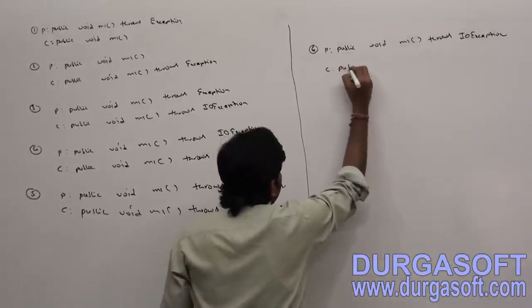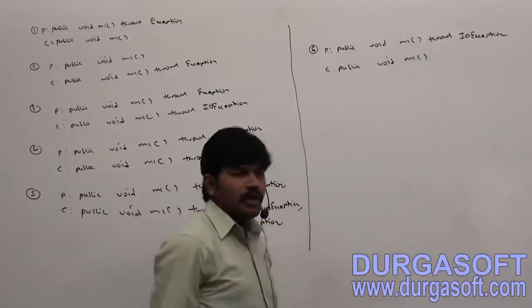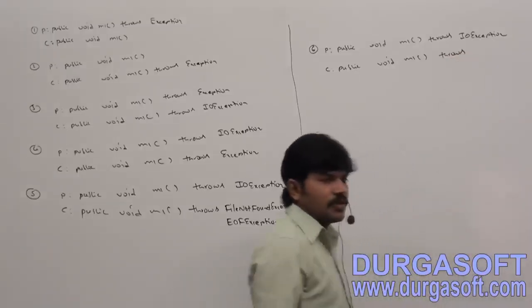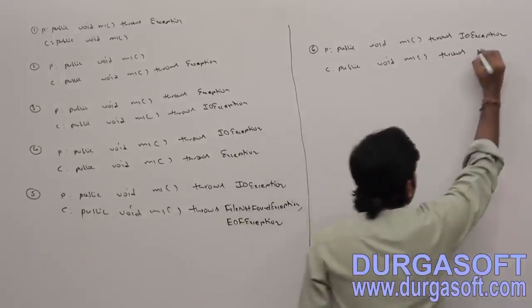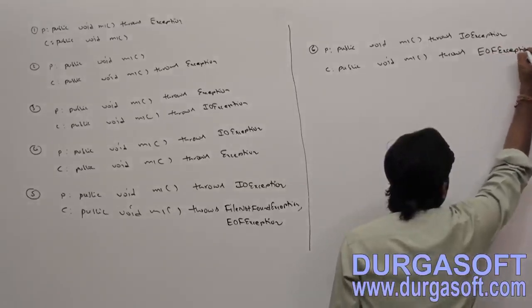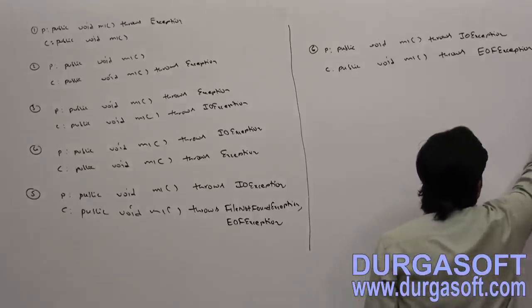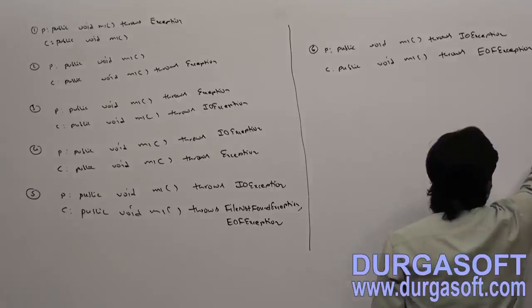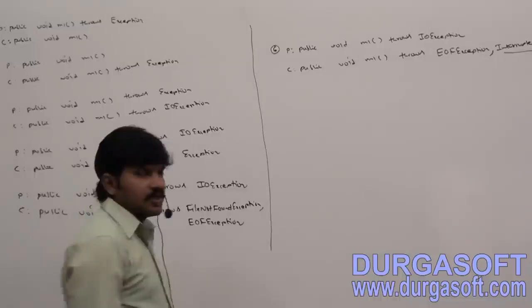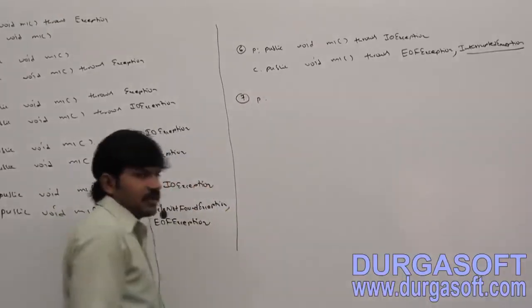Child class method, public void M1 throws, here observe, EOFException, InterruptedException. Next, here is the last case.